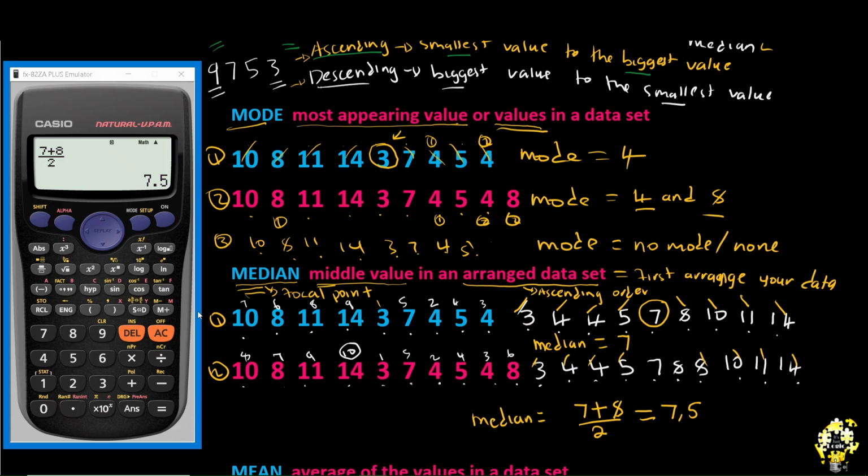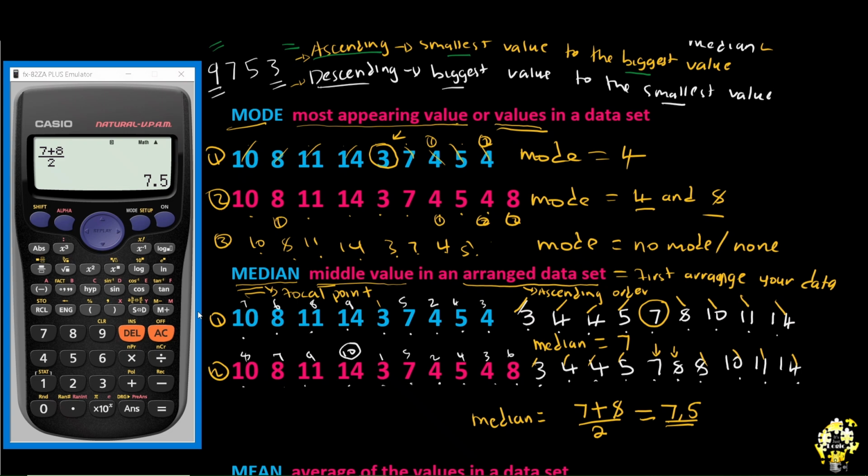Because we had 2 middle values, 8 and 7, we can't use 2 of them. We have to combine them, add them, and then divide by 2, and then we'll get the actual median, which is 7.5. That's how you do it when you arrive in the middle and you have 2 values.